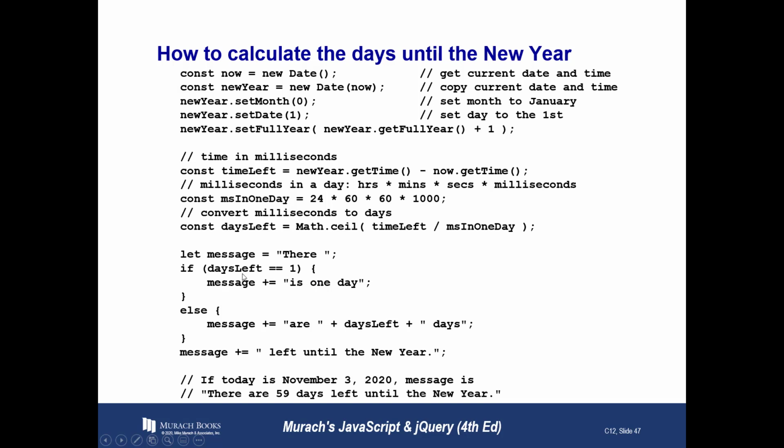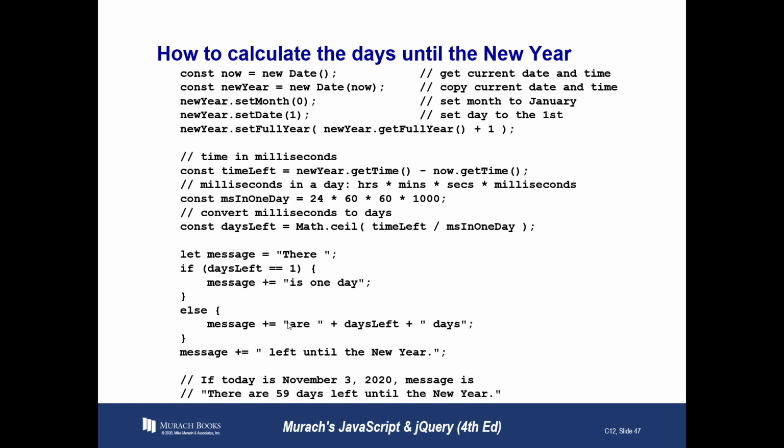So it'll either say, and there are different ways we can do this, but the way they did it was, it's either going to say there is 1 day left until the new year, or else it'll say, for example, today is June 29th, I think.